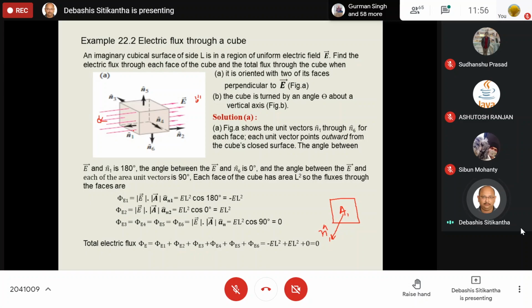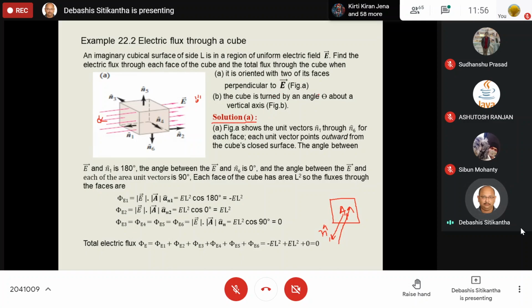I'm just showing this particular face, and it is saying that the electric field is entering this cube from the face A1 at 90 degrees. So let us now find out what is the total electric flux. First bit we will solve, then we will talk about the second bit.